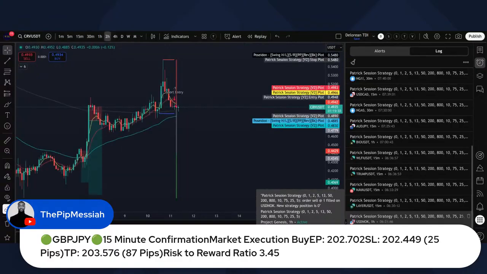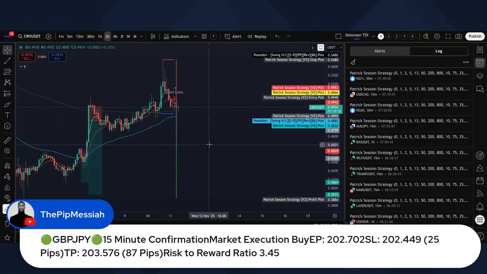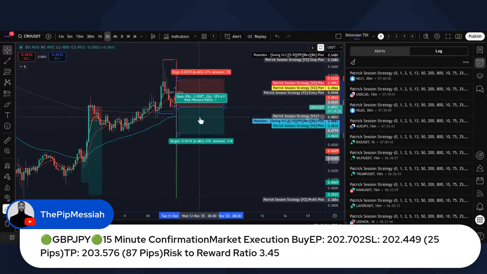We have CRV versus Tether on a 2-hour. We can take that setup. It's going to be a short from current price, targeting 3.884.